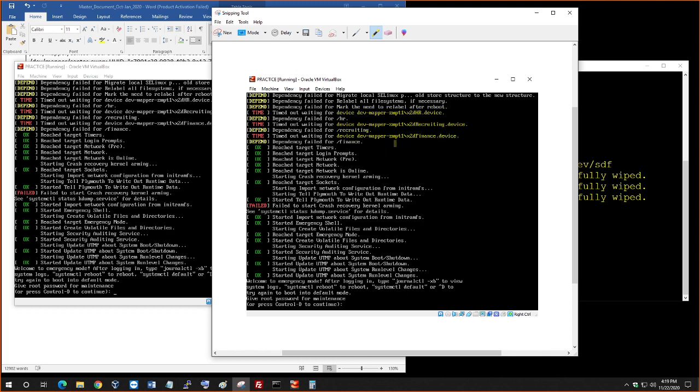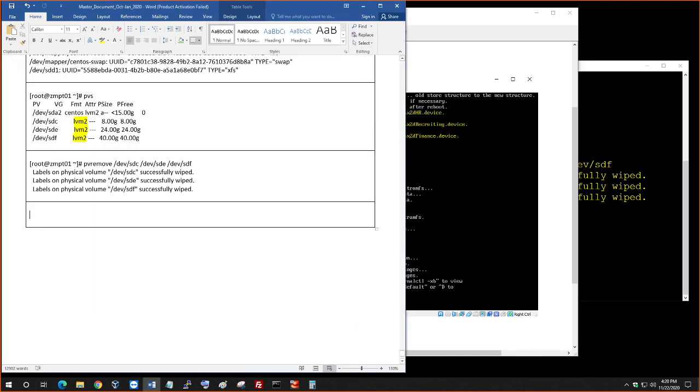If you see something like this, you get a good indication that the drives are not mounting. Why is it not mounting? Because the hard drive is missing. And it boots into the emergency mode here. So you won't be able to log in with PROTech. So let me copy this here.